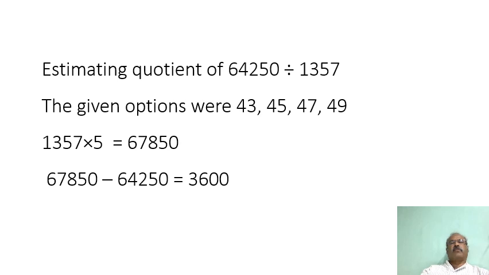The difference between 67,850 and 64,250 is 3,600. The 13 threes are 39. So 3,600 is the closest thing to 3,900, around that. So our correct option would be 47.